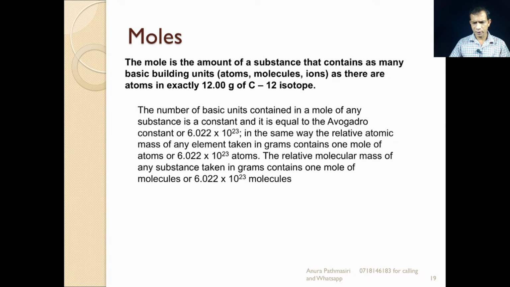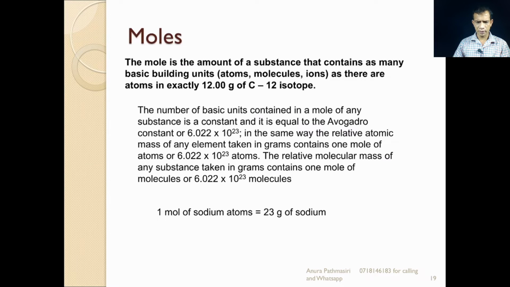The number of basic units contained in a mole of any substance is constant, and it is equal to the Avogadro constant. So mole is used to measure the amount of substances, and when you consider the molar masses, I want to get back to that one.